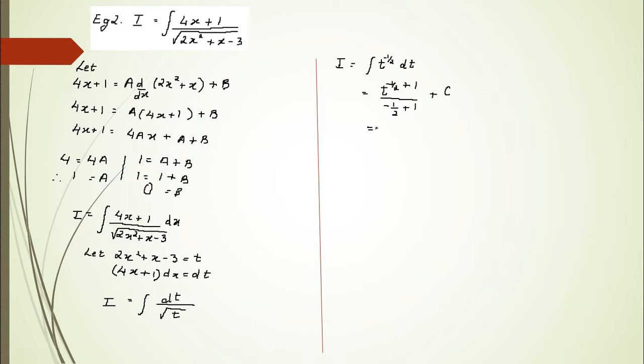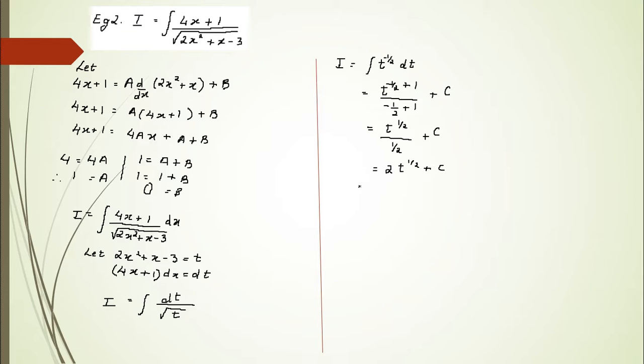So this is equal to t to power of half by half plus c. This is equal to 2 t to power of half plus c.